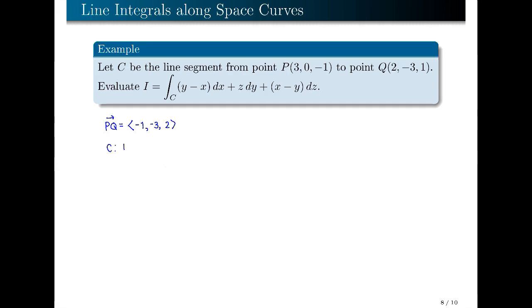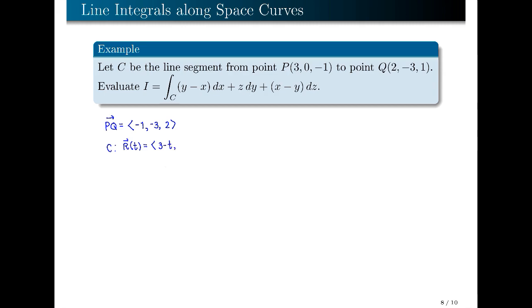We have the vector valued equation R of t, which has x component, the x coordinate of the initial point P, which is 3, plus the x component of the vector PQ, negative 1, times t, or simply 3 minus t.